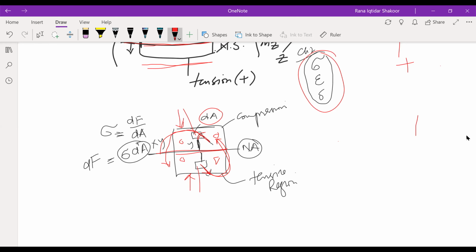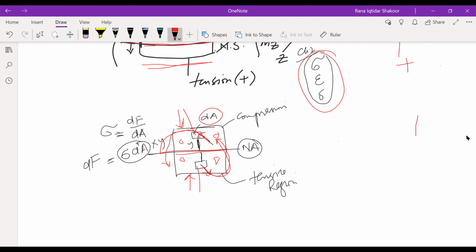Since the forces are equal and opposite, the sum of all the forces will be equal to 0. But the sum of moments will not be equal to 0 because they are creating the moment in the same direction, so we cannot nullify them.